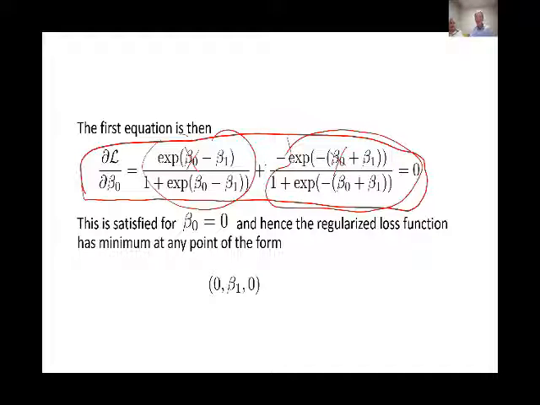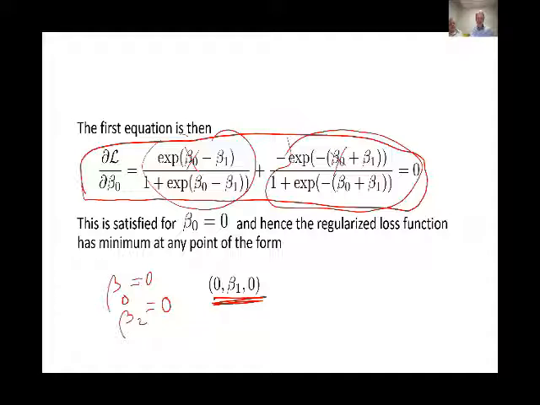So in that case, it's 0. So if we have beta 0 equal to 0 and beta 2 equal to 0, then the partial derivatives are in fact equal to 0. And so that means that a minimum is of this form, 0, comma beta 1, comma 0. And any point of this form will have all three partial derivatives equal to 0. So this is the minimum of the regularized loss function.